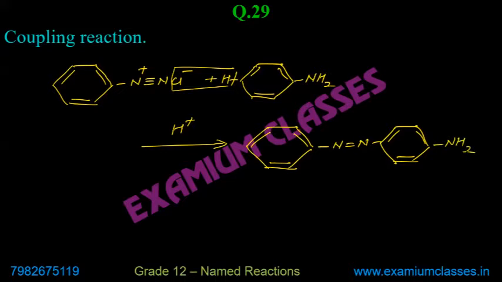So instead of OH, now there will be NH2. But coupling anyway is formed. So that's why coupling reaction. This is again a dye. But here at para position, you have amino group. So the name will be para amino azobenzene.